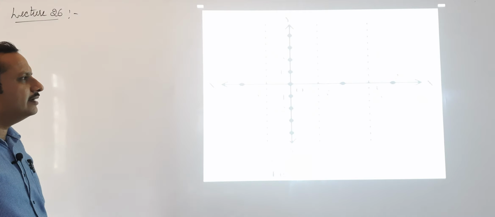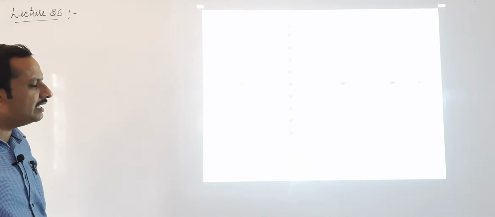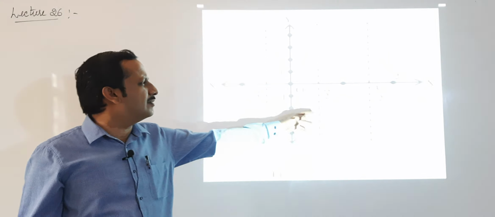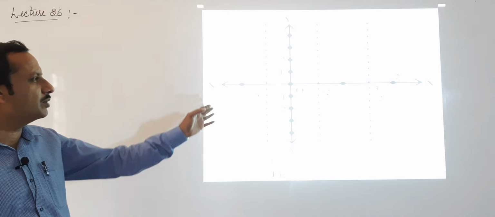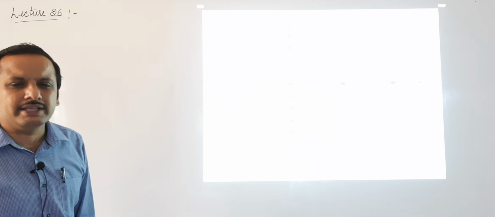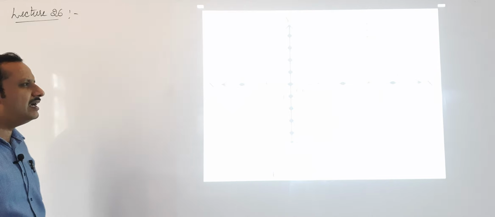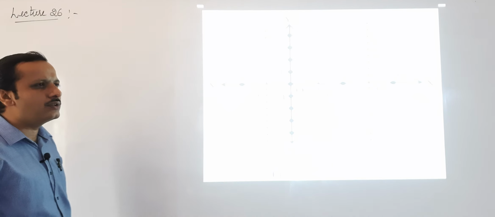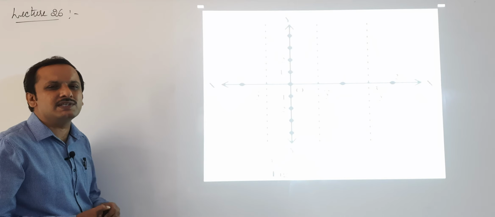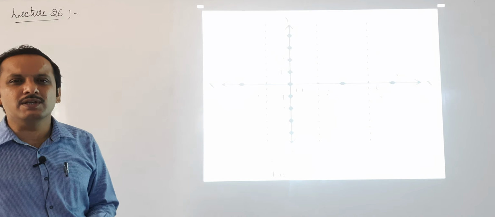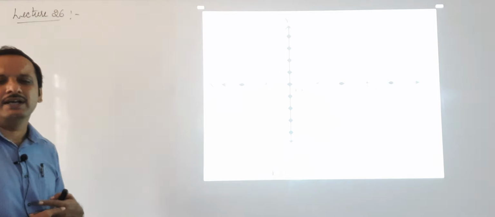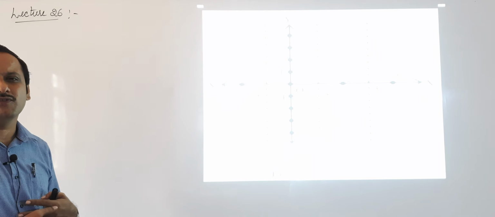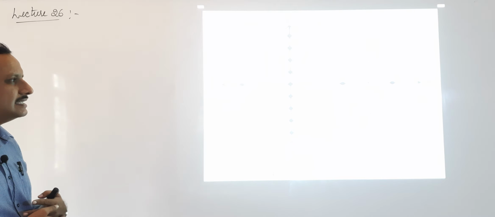Okay. So, where it is not defined, at pi by 2, 3 pi by 2, minus pi by 2, minus 3 pi by 2, etc., you can observe the break in the graph. Why is it not defined? Because at those points, cos x will be 0. Cos pi by 2 is 0, cos 3 pi by 2 is 0, cos 5 pi by 2, cos 7 pi by 2, etc. At all odd multiples of pi by 2, cos x is 0.